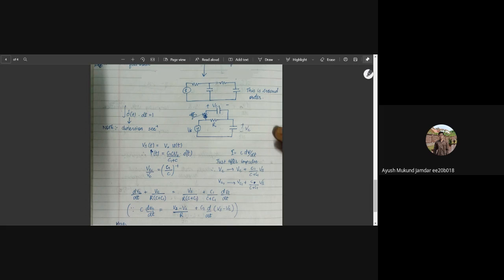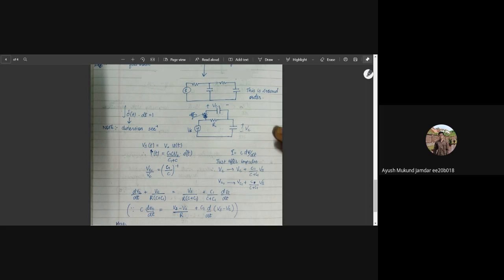But what will happen is, since the capacitors are in series, the charge across them should be the same just at t equals 0. So once the Vs steps up to its value after t equals 0, this voltage will be distributed between both the capacitors such that the charge remains the same. Charge is Q equals CV.